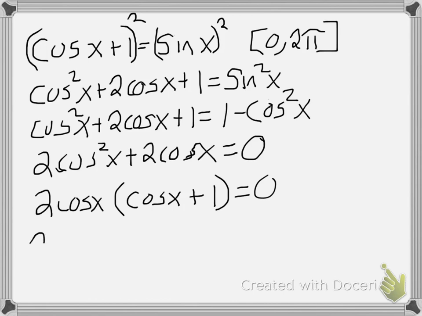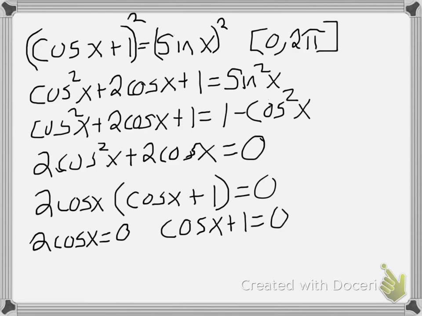So I have 2 cosine of x equals 0, and I have cosine of x plus 1 equals 0. Well, this is going to turn into cosine of x equals 0, and this is going to turn into cosine of x equals negative 1.